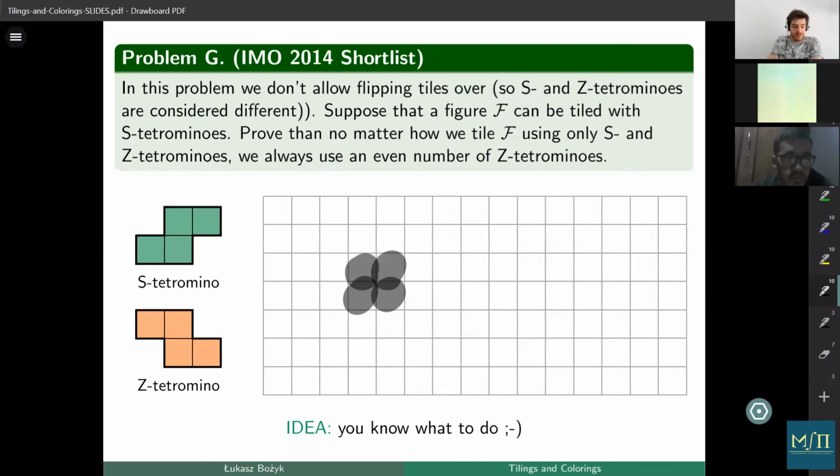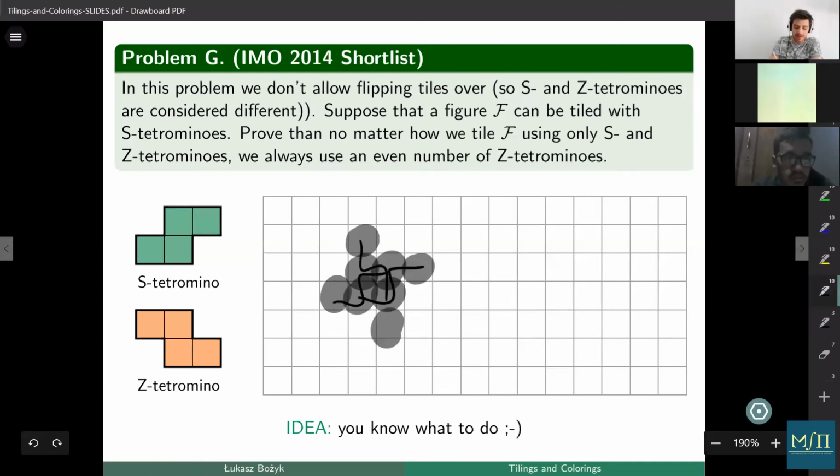And try to, for example, draw all of them in black. So we want each S tetromino to contain, for example, like this, like this, like this, an even number, so that the 4 are black now.